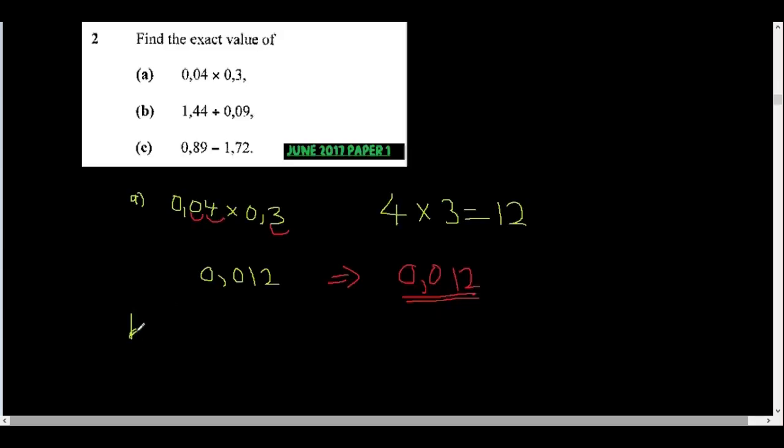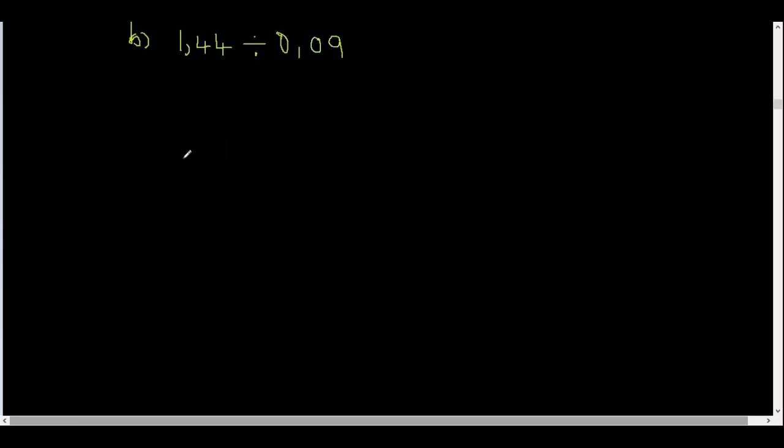Then we move over to B. We have 1.44 divided by 0.09. Then again we write it in fraction form. 1.44 over 0.09.